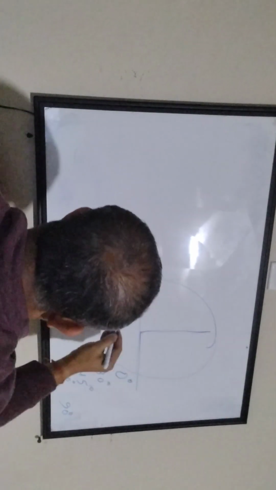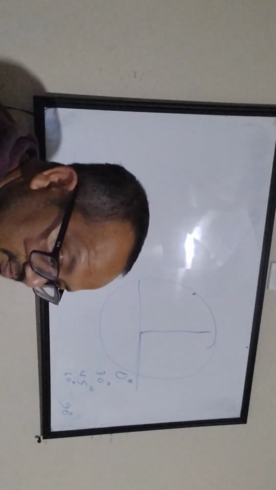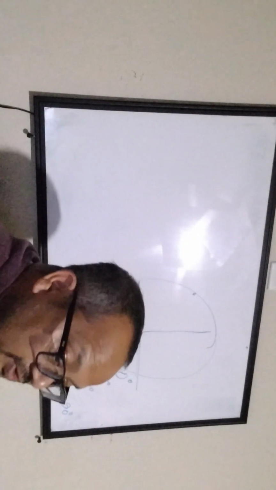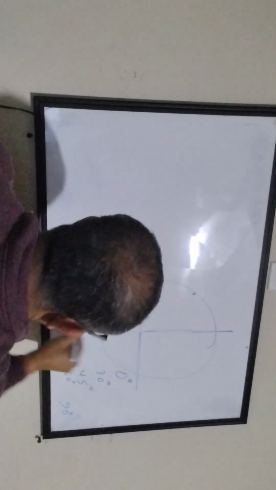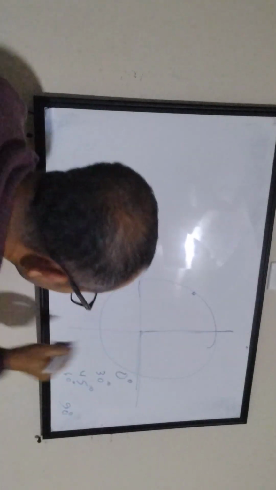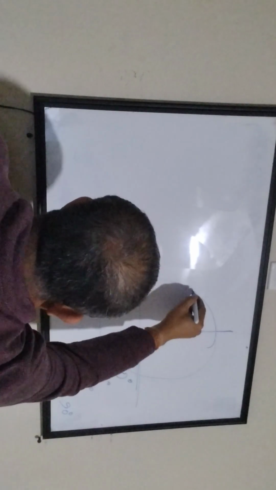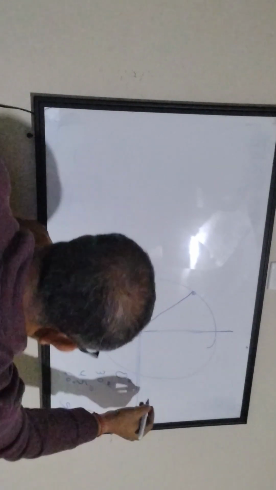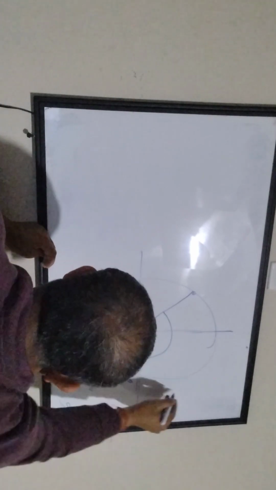If you are talking about this angle in your unit circle, now it is left to how you visualize this. Let's say this is your x and y coordinate. Again everything remains the same. You join this, and let's say this is 120 degree.